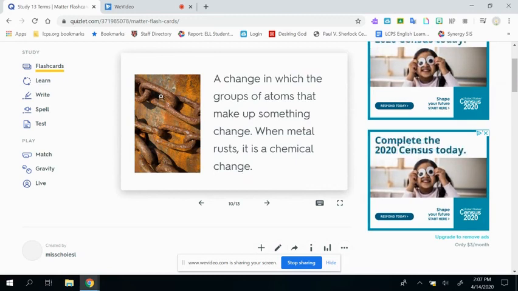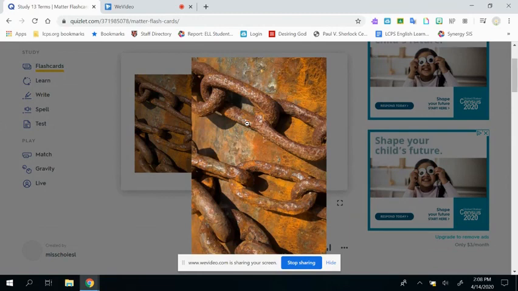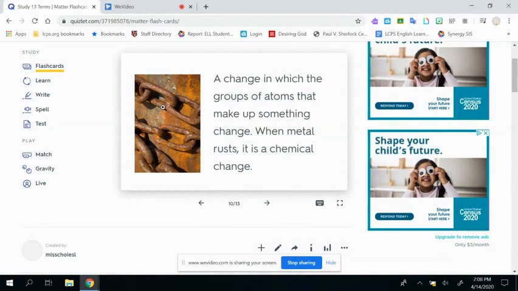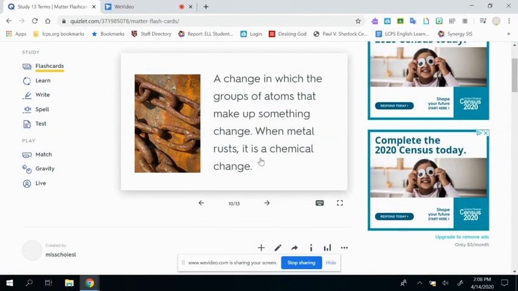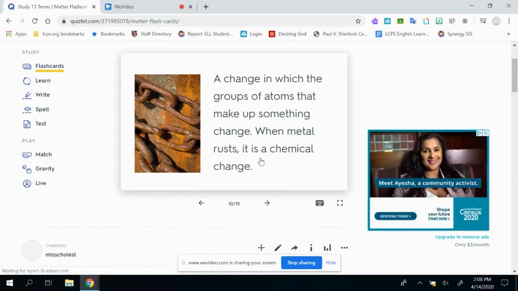Something happens in the atoms where it makes certain matter change into something else. Whereas water, when it changes to ice, is still water, right? So that's one way. We're going to have some practice with this later, and I'll explain it a little bit more.